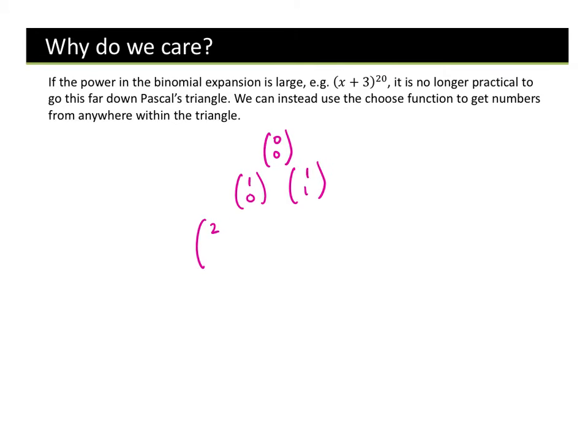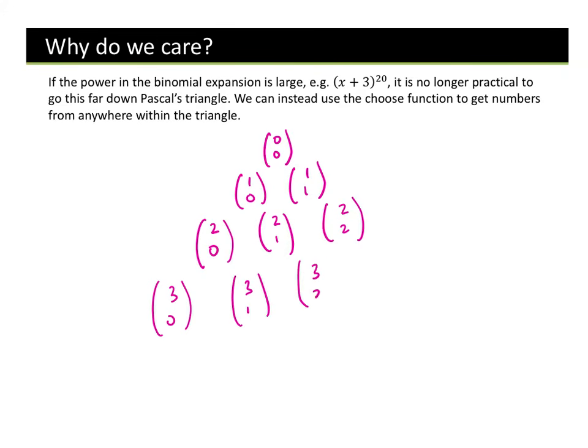Then we're going to have 2 choose 0, 2 choose 1, 2 choose 2. Then we're going to have 3 choose 0, 3 choose 1, 3 choose 2, 3 choose 3. And if you were to put these in the calculator, you know this is going to output our triangle. 1, 1. 1, 2, 1. 1, 3, 3, 1. Okay? So we need to know they completely correlate with this.